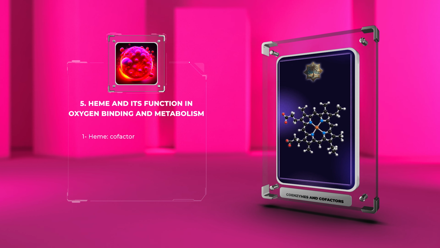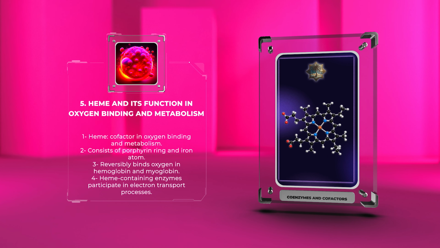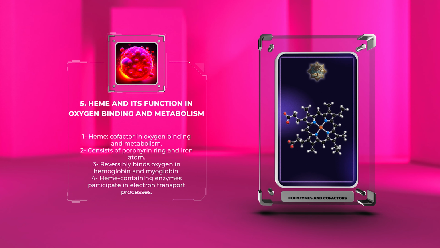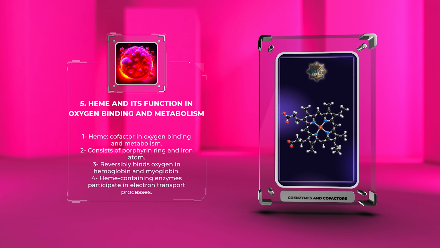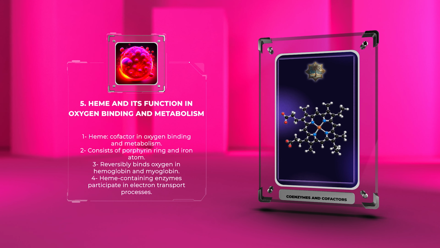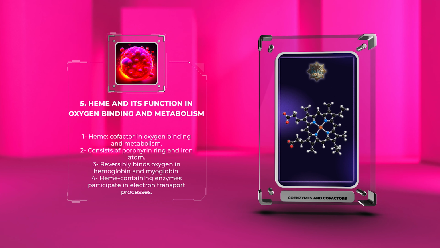Heme is an essential cofactor involved in oxygen binding and metabolism, primarily through its presence in proteins such as hemoglobin and myoglobin. Heme consists of a porphyrin ring, which contains an iron atom coordinated within its structure. The iron within heme can reversibly bind oxygen, enabling the transport and storage of oxygen within red blood cells, hemoglobin, and muscle tissues, myoglobin.